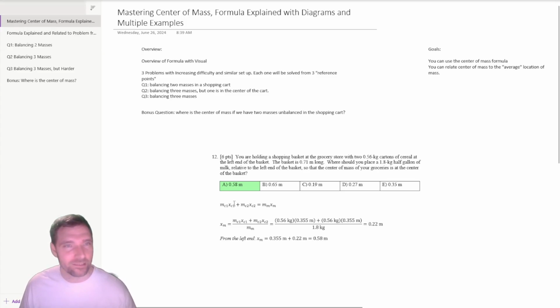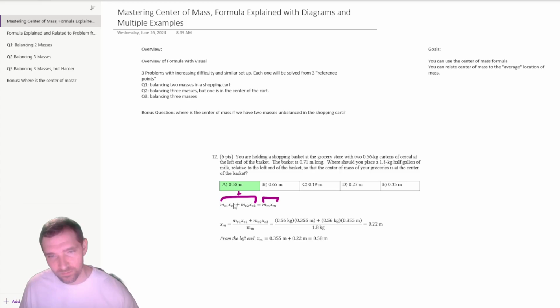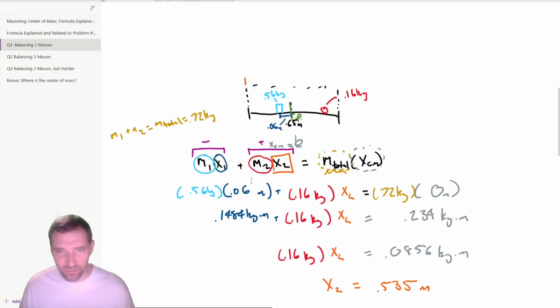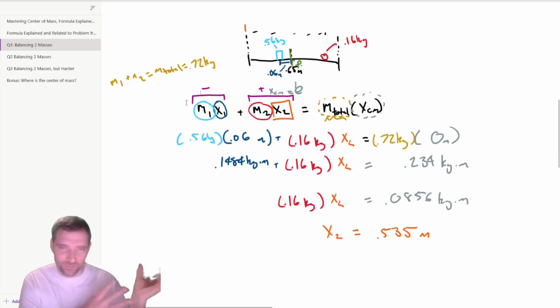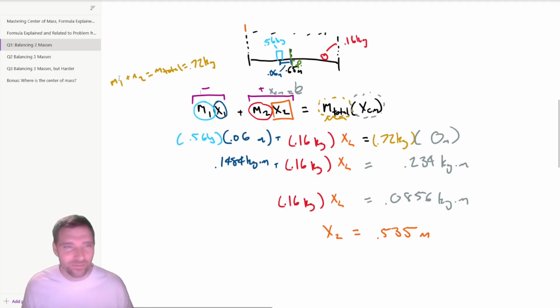They basically are saying that this positive piece is equal to some negative piece in terms of their magnitudes, which is totally correct. It's just better if you can think through this in terms of stuff with directions and actually doing the center of mass on there. So we have a similar example here, but we don't have two masses in one direction, we just have one. We'll be doing that in the next problem though. So we just plug in what we've got.